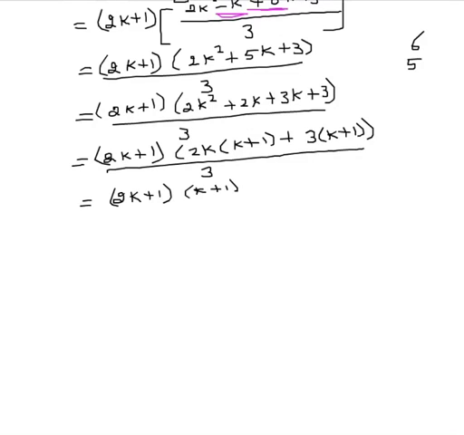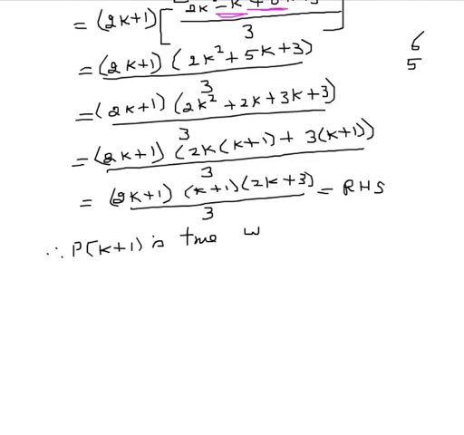K plus 1 is a common factor, take it out. The other factor is 2k plus 3. Now this is the right hand side. Therefore, P of k plus 1 is true whenever P of k is true. Therefore, P of n is true for all n belonging to capital N.